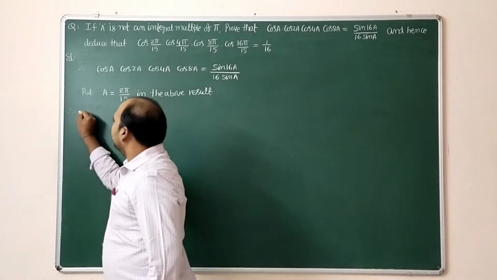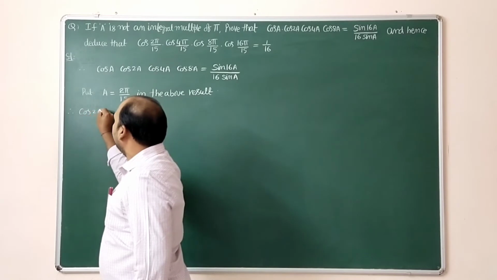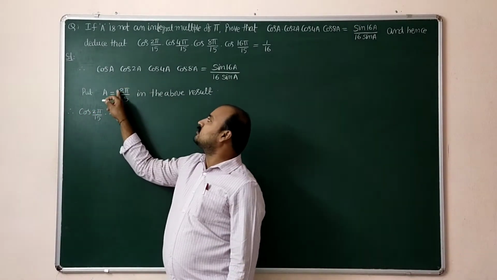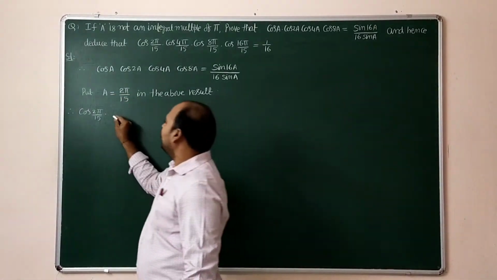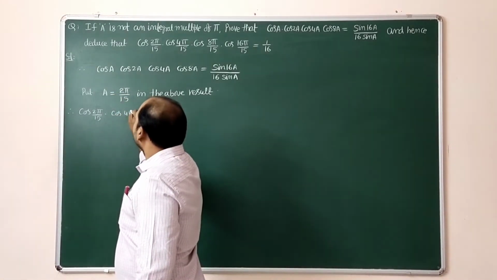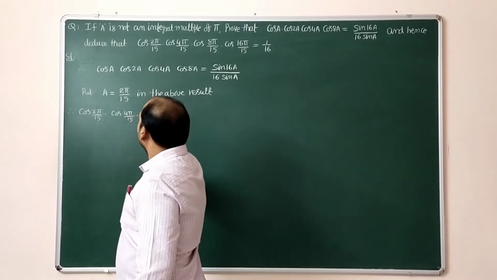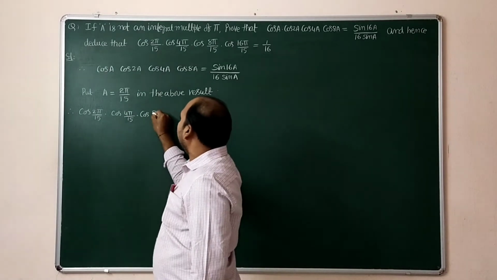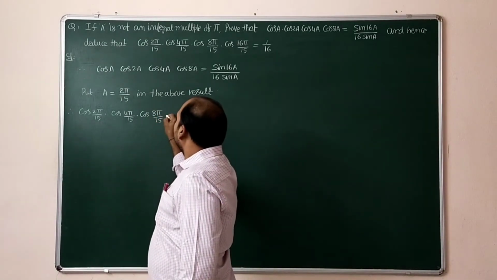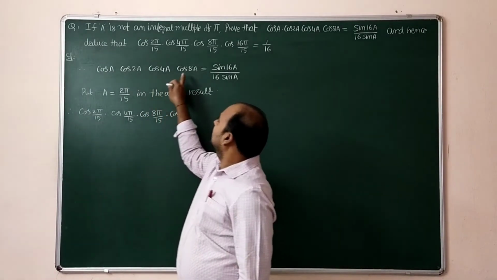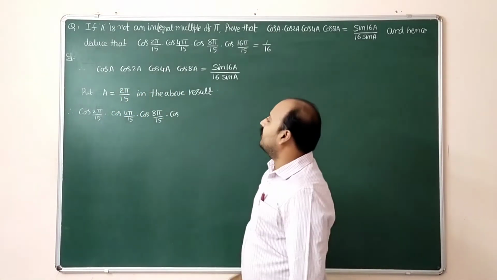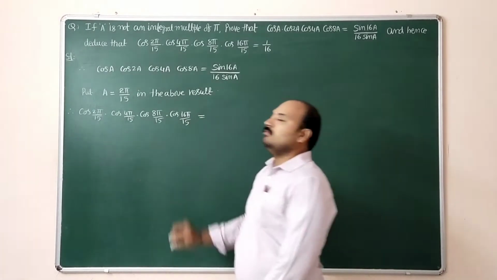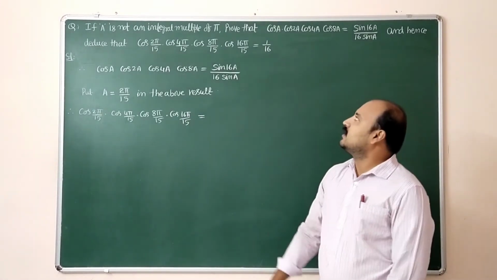So it will become cos 2 pi by 15 into, here 2A, 2 times of 2 pi by 15, cos 4 pi by 15 into cos 4A, that means 8 pi by 15, into cos 8A, 8 times of 2 pi by 15, 16 pi by 15, is equal to this result, which they are asking to prove as 1 by 16.